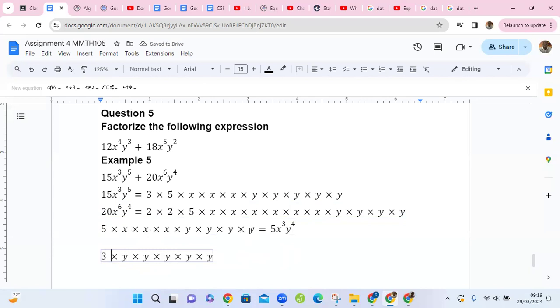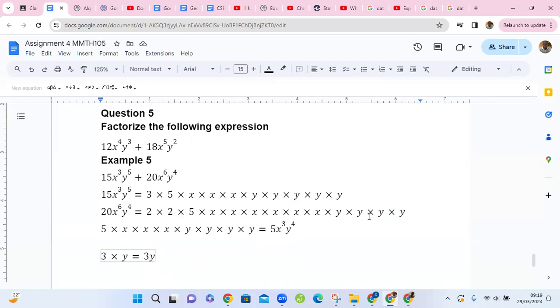And when we divide out 4 y's, we are left with 3 times y, which is 3y. So this has to come in the bracket. Remember, the highest common factor is outside of the bracket. This is the quotient of that first term after being divided by the highest common factor, so it must come in the bracket.